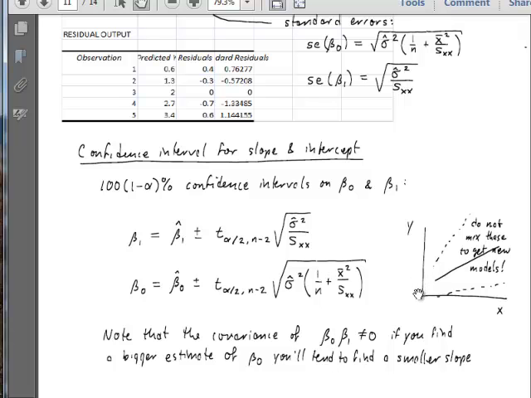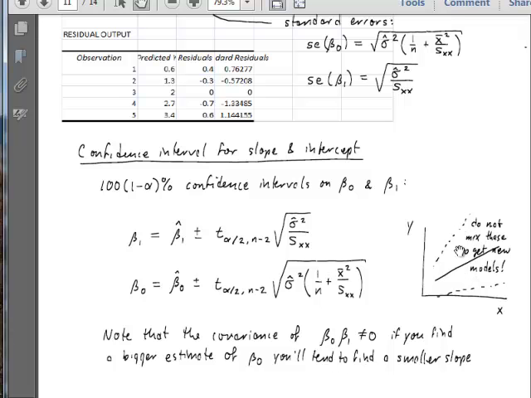And I don't want to take this largest possible intercept with the largest possible slope and say that any line in here would be admissible. Likewise, I don't want to say the smallest possible intercept and the smallest possible slope give me another envelope for the lower and upper bound on my best fit line.